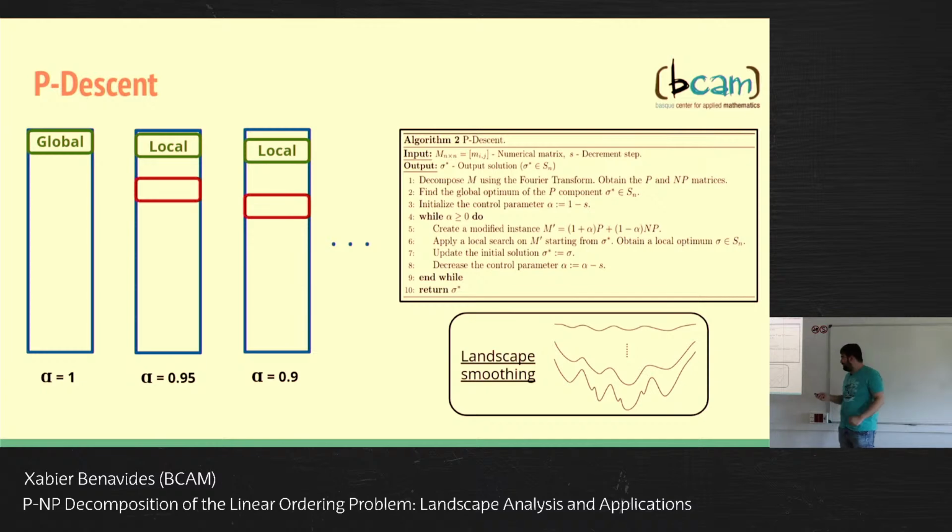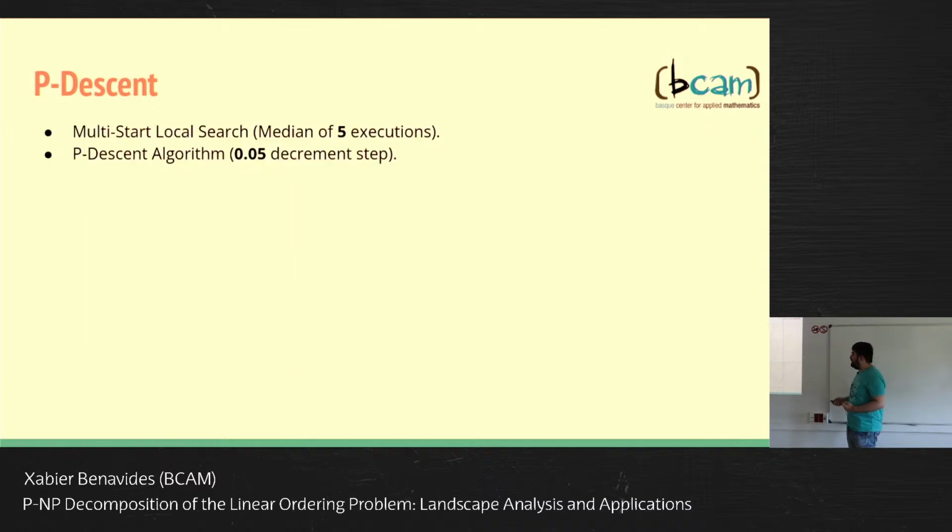Taking all this into account, the last thing that remains is to check if this p-descent algorithm is really a promising strategy. That is, we have checked if the p-descent algorithm is better than just performing a series of random local searches in the original instance.